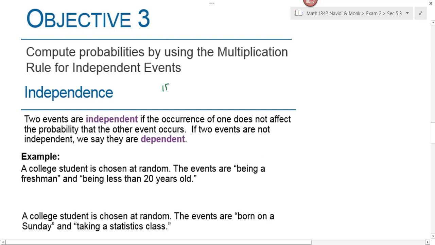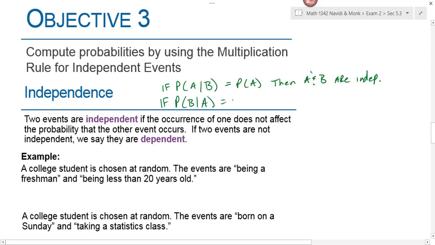If the probability of A given B equals the probability of A, then A and B are independent. Or, switch the order of the letters, if the probability of B given A is equal to the probability of B, then A and B are independent.